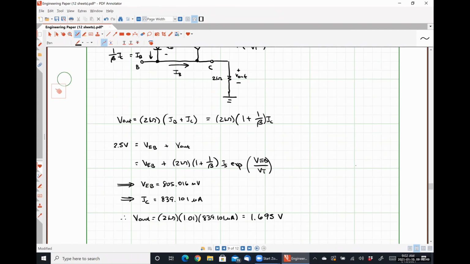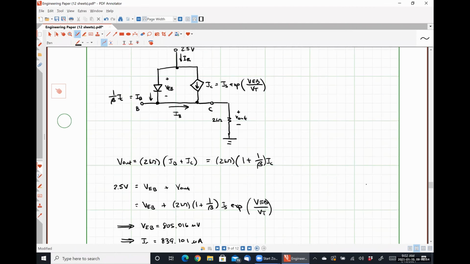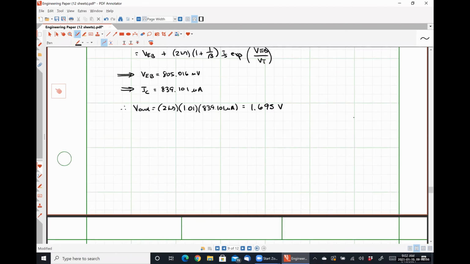All right. The second part of this question, we are asked to determine the voltage gain of our system. The voltage gain is based on the small signal parameters of our system. So we would need to know our transconductance. GM by definition is IC over VT.